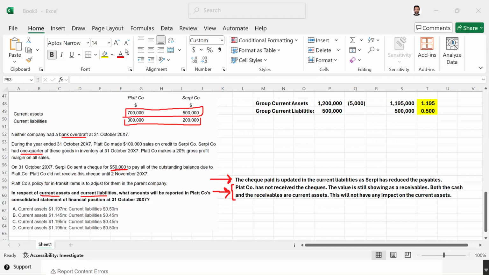So will it have any impact? Something that is kept as a receivable right now, once the payment is received, will be treated as cash and the receivables will be reduced. Overall, the current assets remain unaffected. I hope it makes sense now.